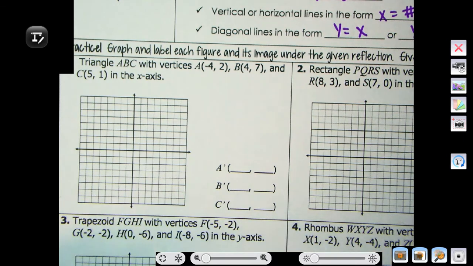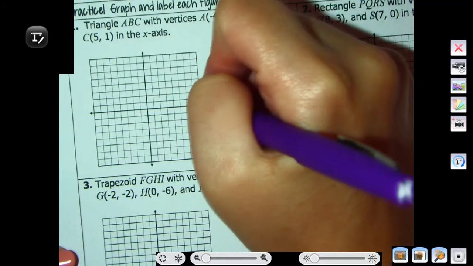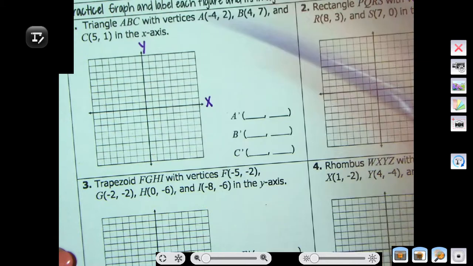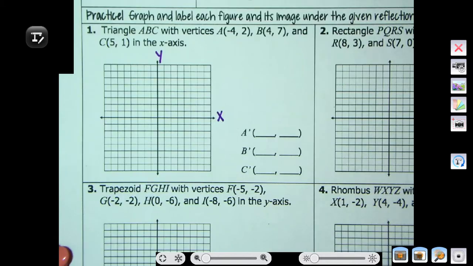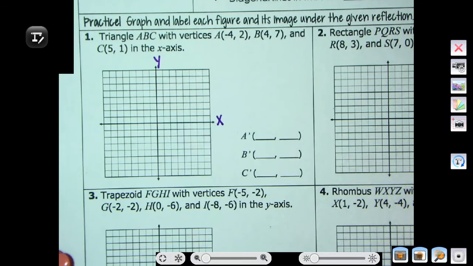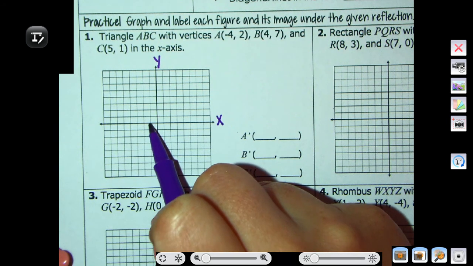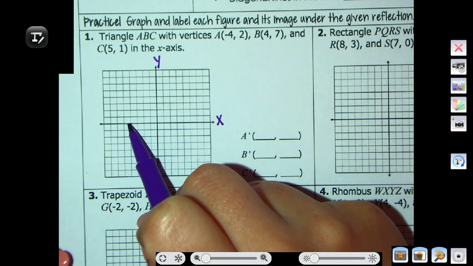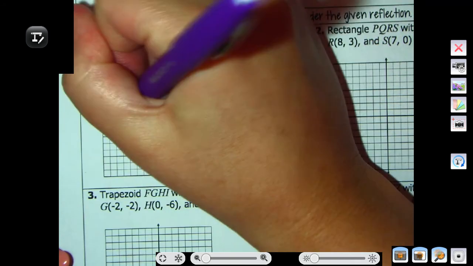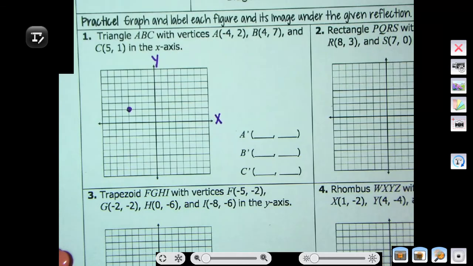And remember, of course, basics of the coordinate plane. This is your x-axis, this is your y. So I'm going to start by graphing -4, 2. So I'm going to go over to the left 4, 1, 2, 3, 4, and I'm going to go up 2 and put a point there.